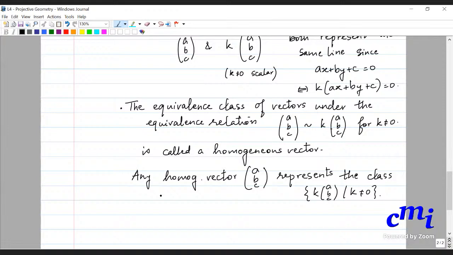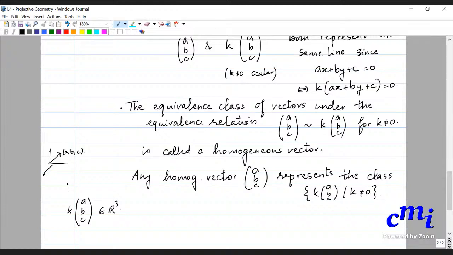If I take any point abc in R3, because these are three coordinates, it's easier to imagine in R3. Suppose this is the point abc, the vector abc. What is a scalar k times abc going to give me? Where does that point lie?